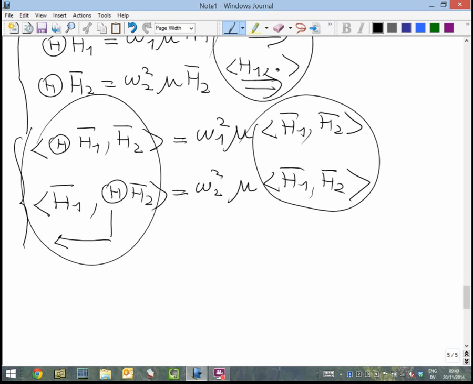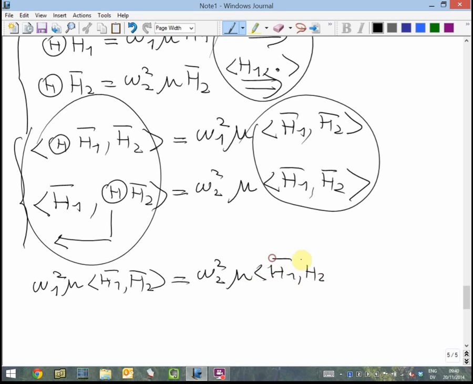So, if this is true, if the left-hand side is the same, we can simply write that omega 1 squared mu h1 h2 is equal to omega 2 squared mu h1 h2.